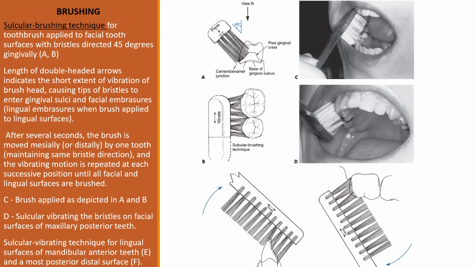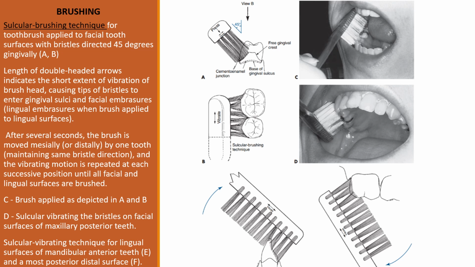Now, this is a demonstration of the circular brushing technique. In photo A and B, you can see that a toothbrush has been applied to the facial surface of the tooth at 45 degrees. And there's a double-headed arrow indicating the extent of vibration. The brush head needs to be vibrated for the tips of the bristles to be able to enter the facial embrasures in the gingival sulcus and clean them properly.